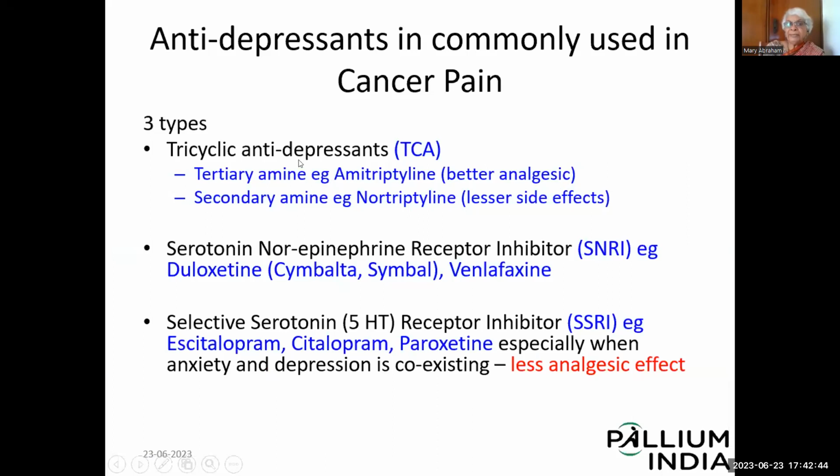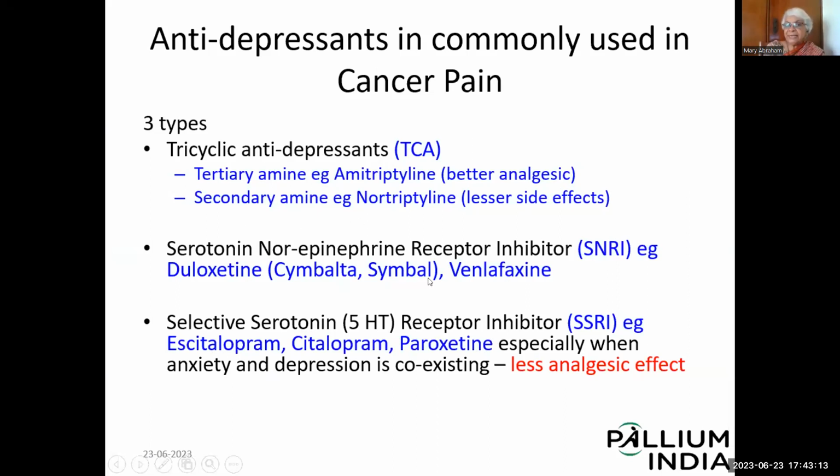If you look at the tricyclic antidepressants, we have amitriptyline, nortriptyline. Then among the SNRIs, we have duloxetine and venlafaxine. Among the SSRIs, you have escitalopram, citalopram, and paroxetine. If you look at the analgesic effect, TCA has the most analgesic effect, but the side effects are much more.